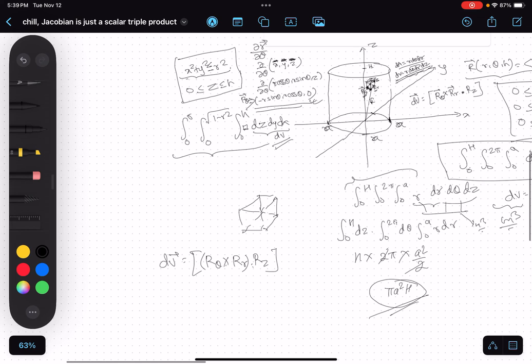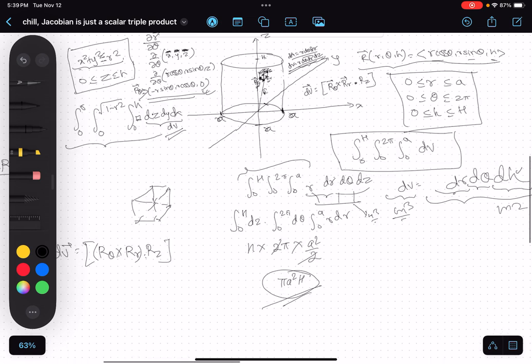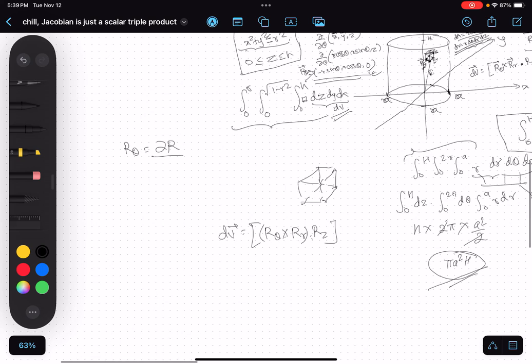Now, how would you find change in r due to theta? To find it, you can just take the rate of change of the r vector, the vector that gives us the position, with respect to theta. This is the rate times the actual change in theta.